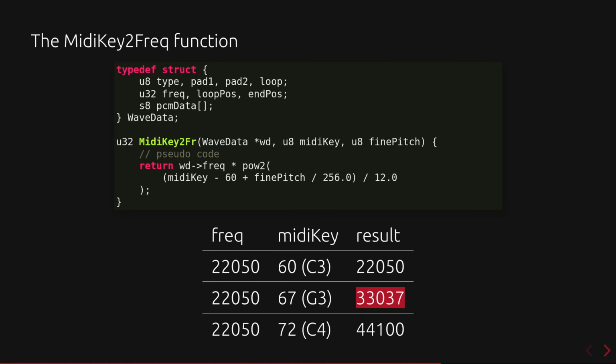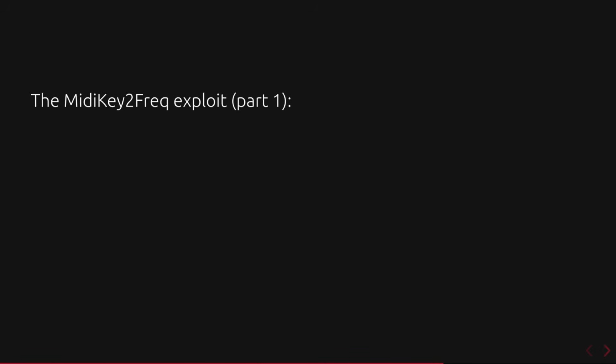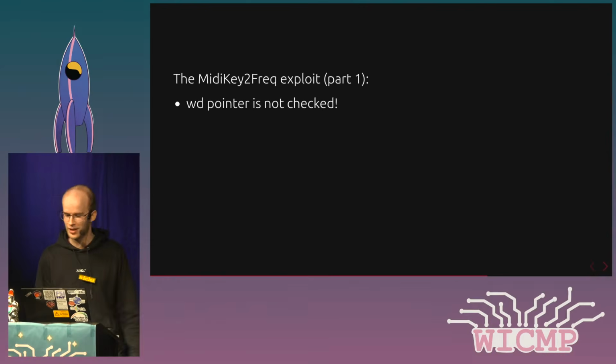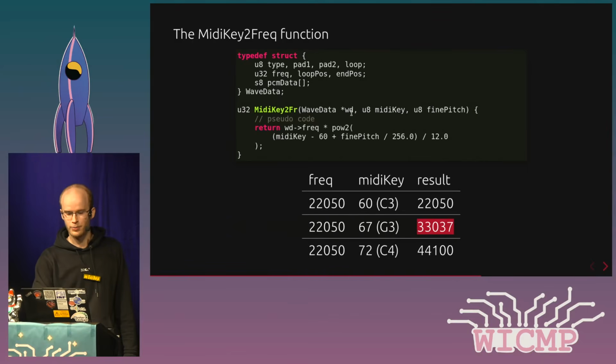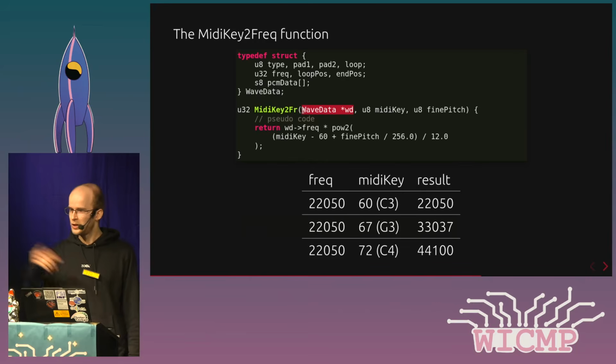Okay, so this is a function that was exploited, but how was it actually done? Well, they forgot to check a pointer, which is this WD pointer, and let's go back to what it is. This is essentially the pointer that you have here, which is the sample header where this frequency value is stored.